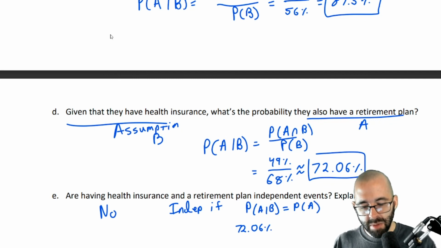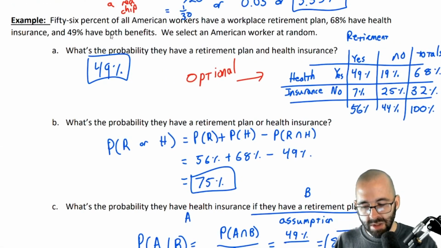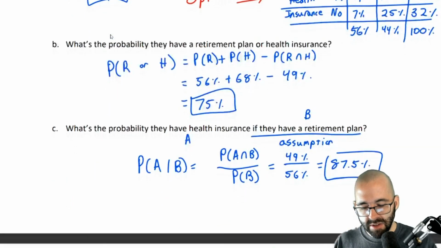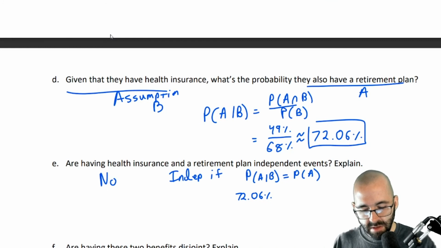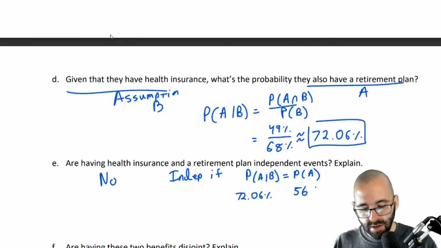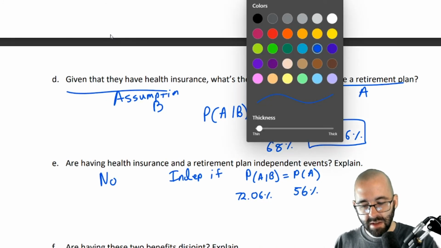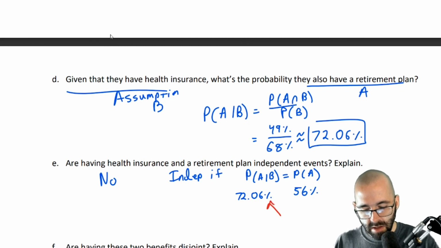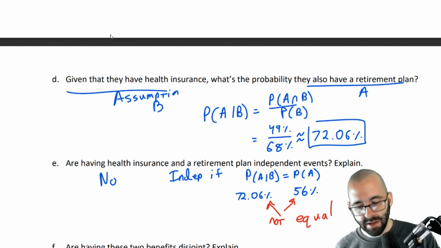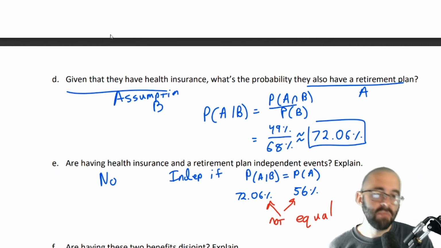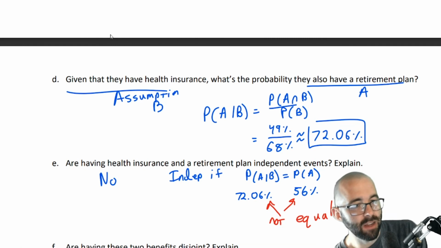Whereas what's the probability of just getting a retirement plan? What's that, just P of A? Retirement plan is 56%. Right, these are not the same. Not equal. If you have health insurance, you're much more likely to also have a retirement plan.